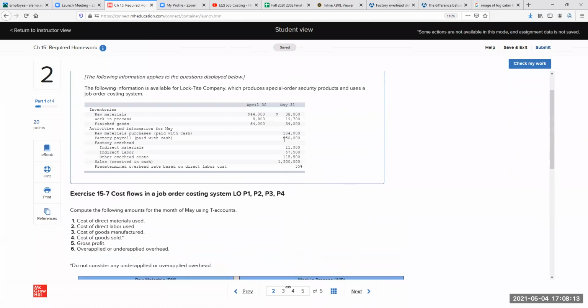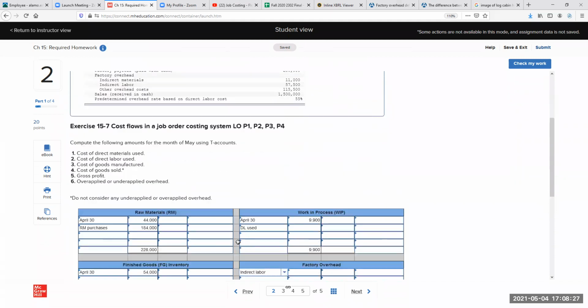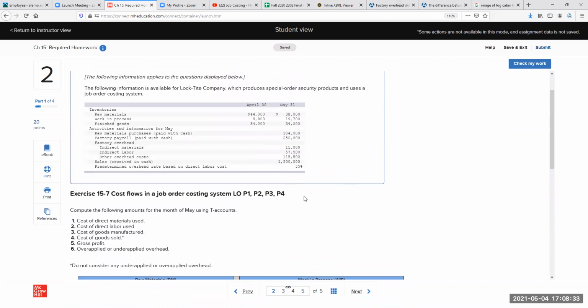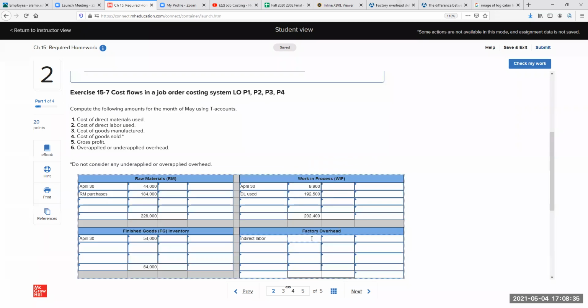So now, yes, we paid 250,000. How much of it is indirect? The indirect is 57.5. So that means our direct labor is 192.5 and our indirect labor is the 57.5.